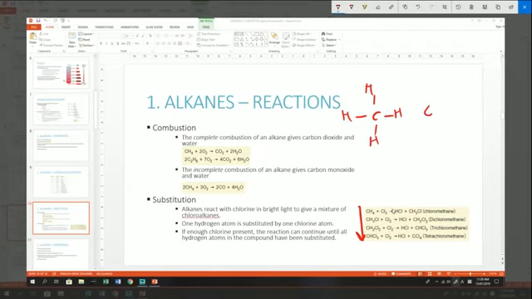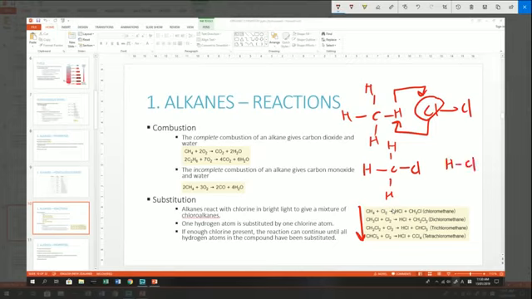If you react that with chlorine in the presence of light, the chlorine atom from the chlorine molecule will come and displace or replace one of the hydrogens. So there's a substitution going on. These basically swap places. What you then get is chloromethane, which is methane with one chlorine that has replaced a hydrogen, and HCl in the process.